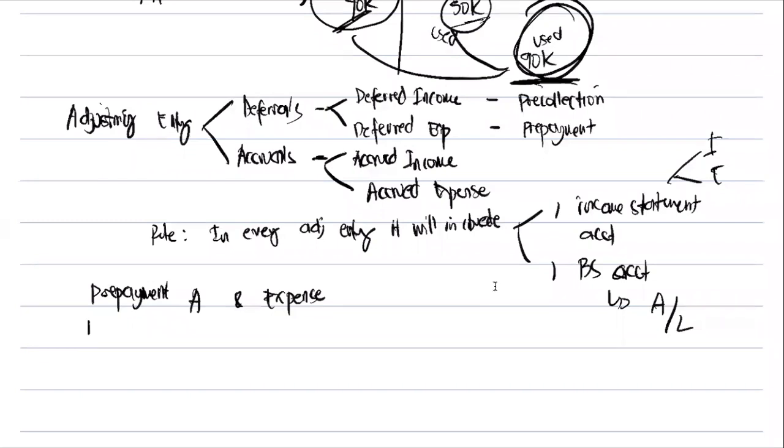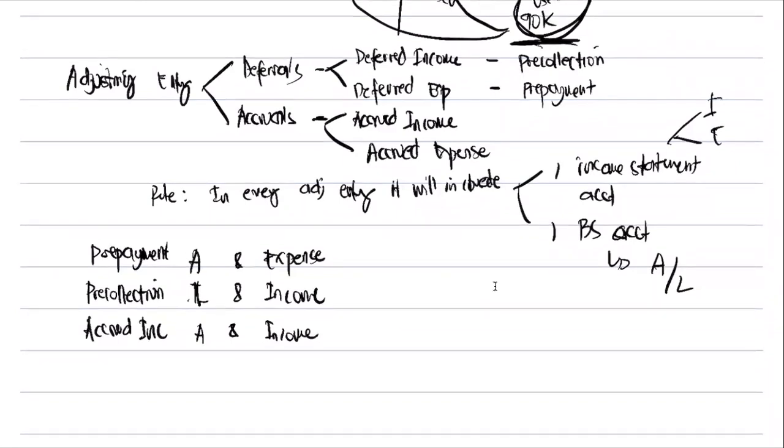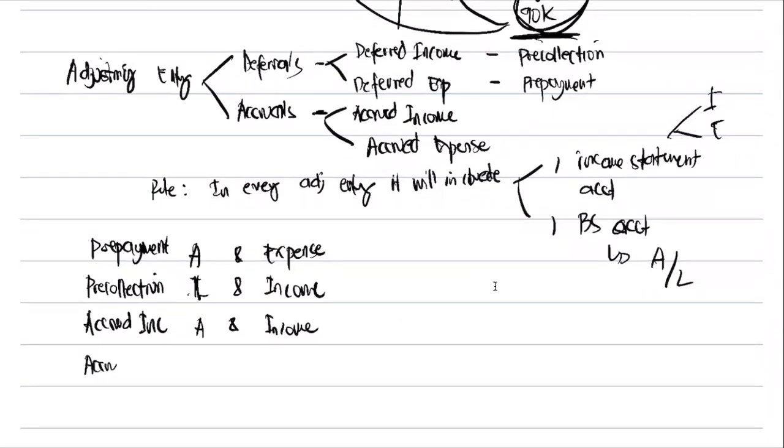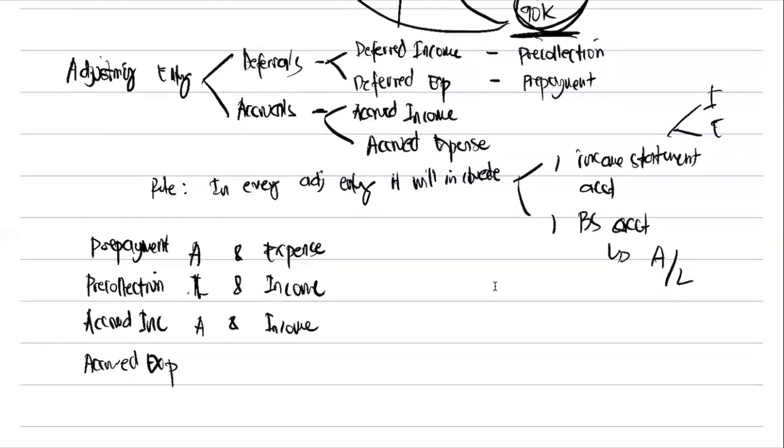For a pre-collection, income and liability go together. For an accrued income, we have your asset and income, which go together. For your accrued expense, we have your liability and expense, which will go together.